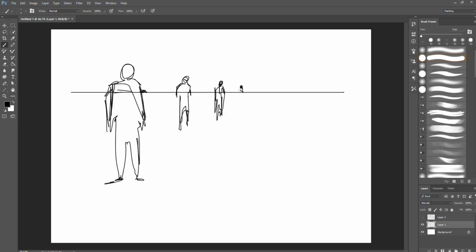No matter how small they get, that will be the point that they hook up with the horizon, and that will give a much more natural feeling that they are actually receding back into the horizon.